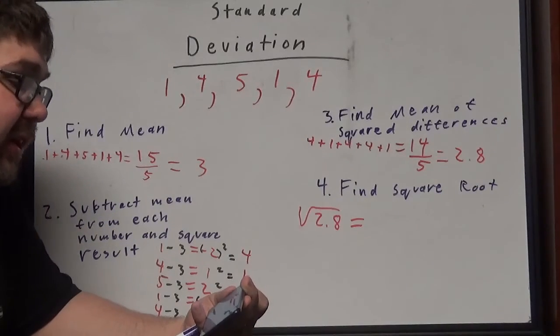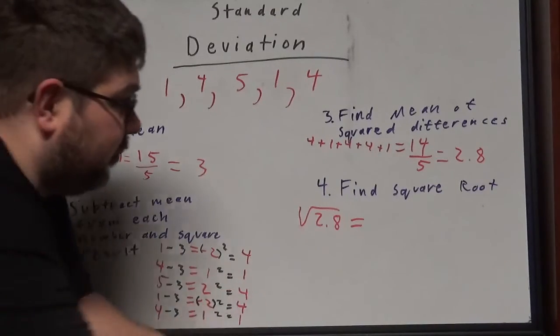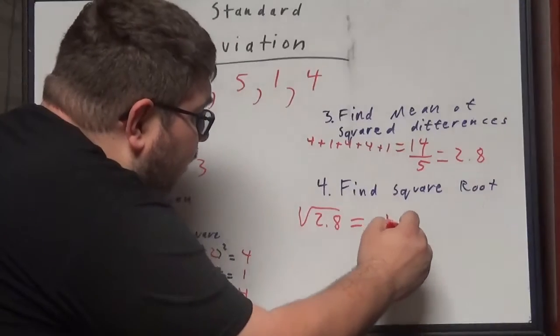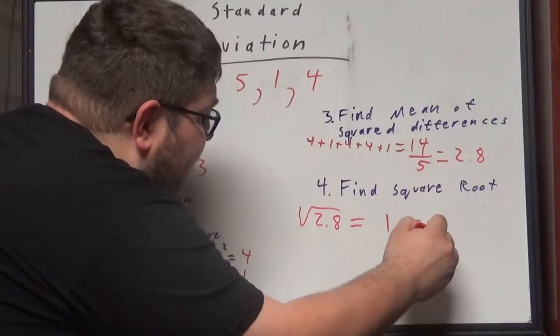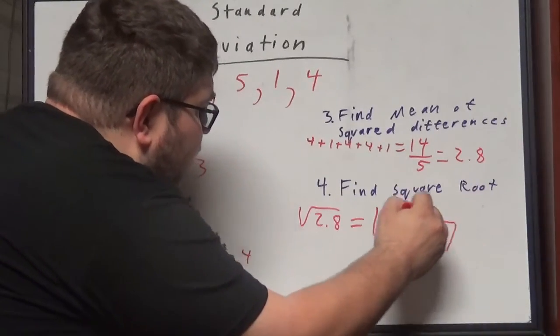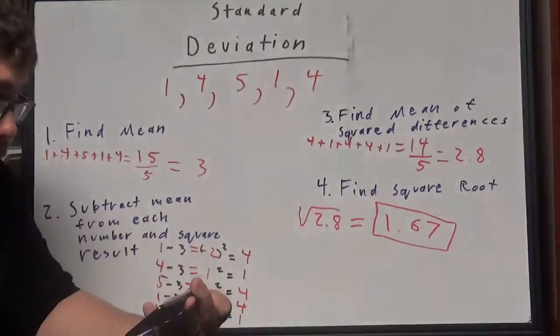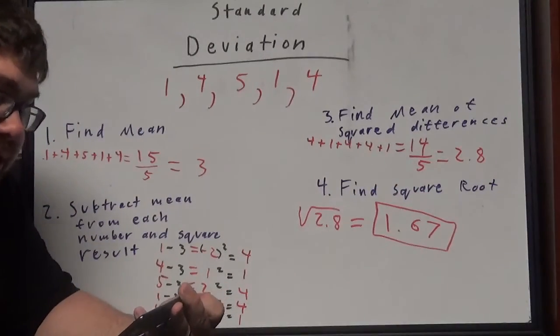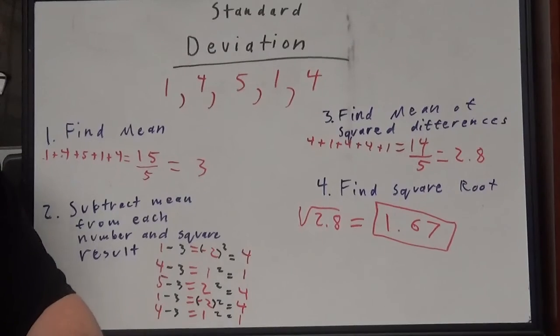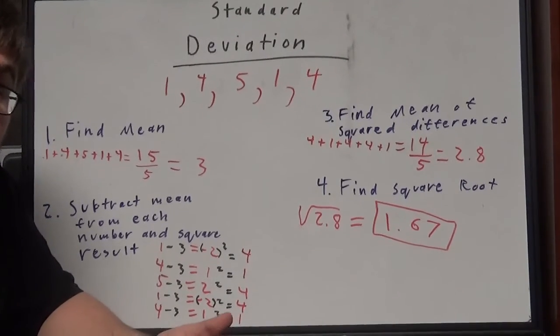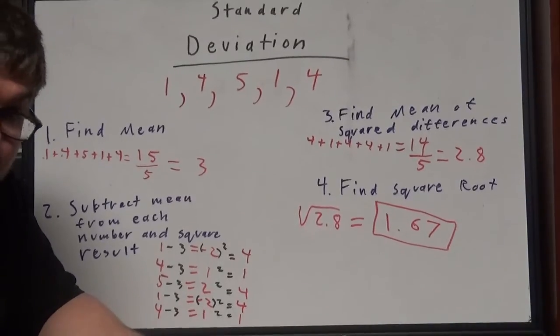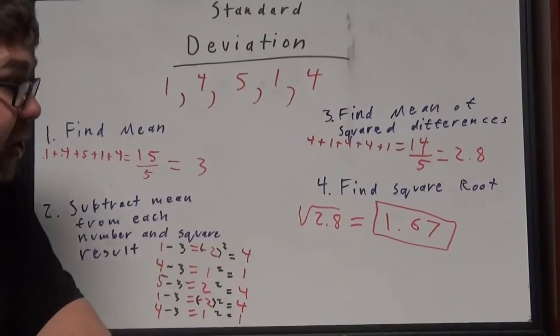And I'm going to abbreviate it to 2 decimal places. 1.67, it does keep going. 1.6733200531. If you put that in a calculator, and you should, hopefully you do it as you follow along to make sure you're putting it in the calculator correctly, and that's what you should be getting.